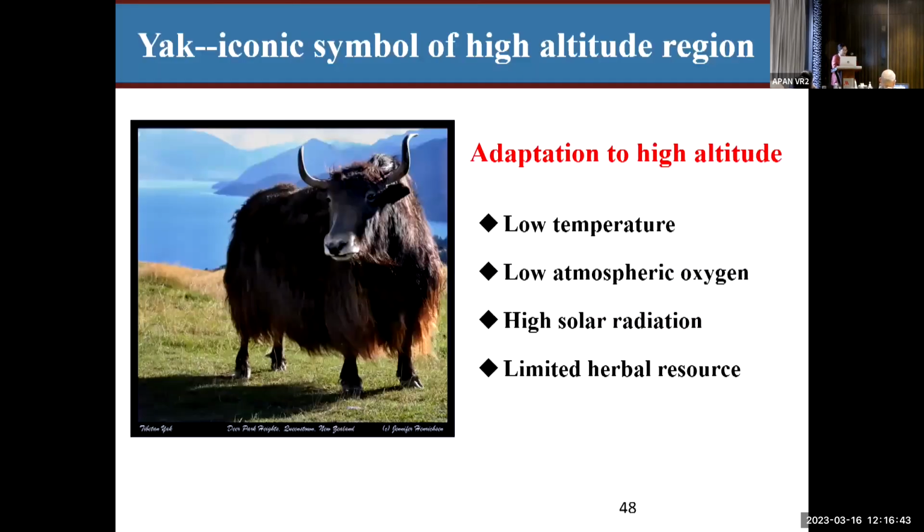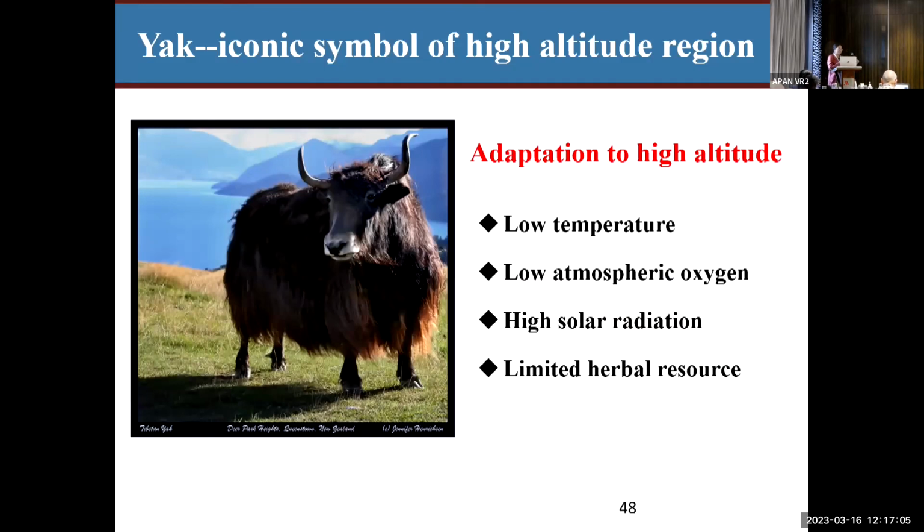In the early morning today, Pawanji already mentioned the yak, which is the iconic symbol for the high altitude region. The unfortunate part is that the population is really declining.